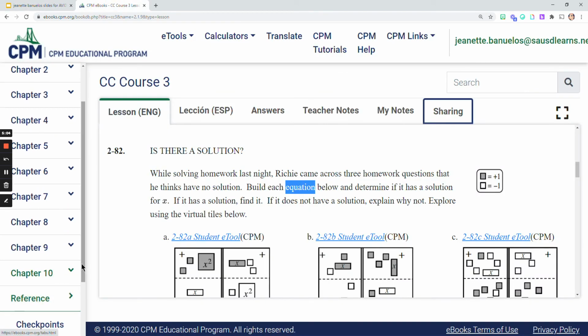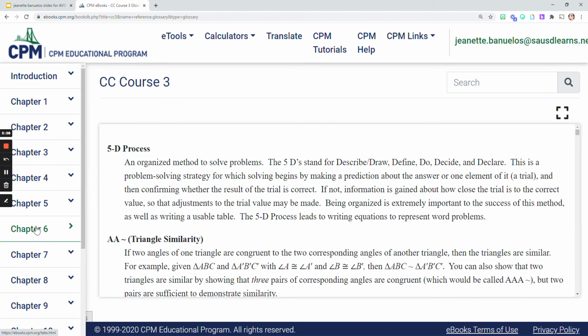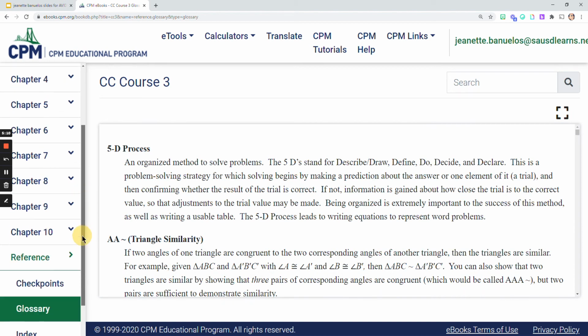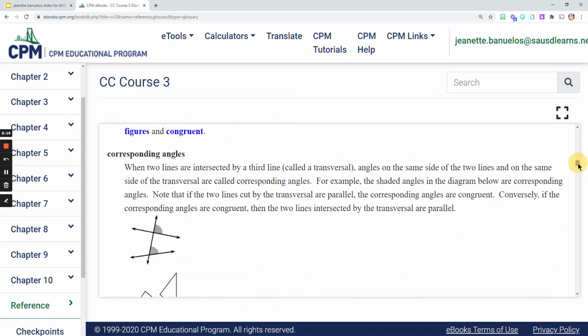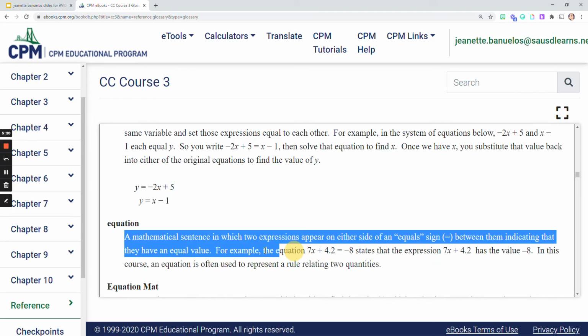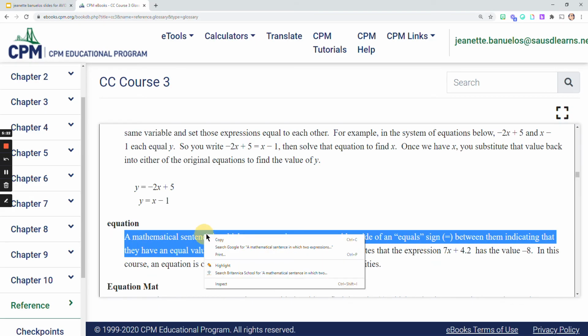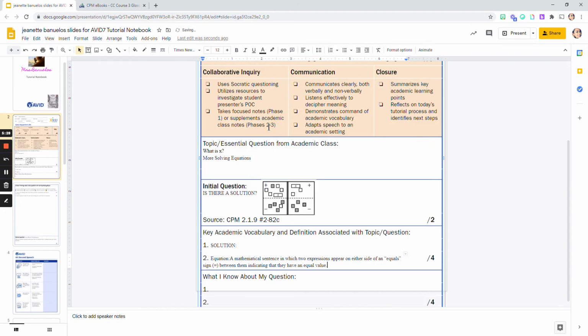I'm going to go to Reference, come to Glossary, find those two definitions, and copy and paste. Okay, so here's the equation. I'm going to use the first sentence for the definition. And then I'm going to do the same for solution.